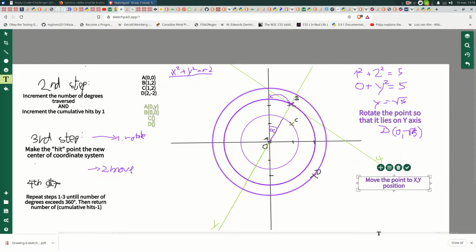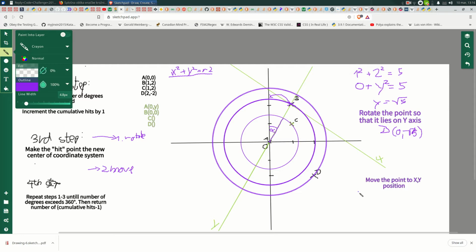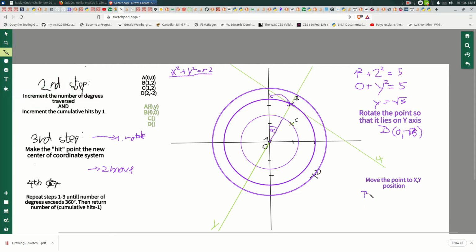Move the point to xy position. That is just to say, if we got B, zero, and that is y minus y, and that of course gets it to be 0, 0.